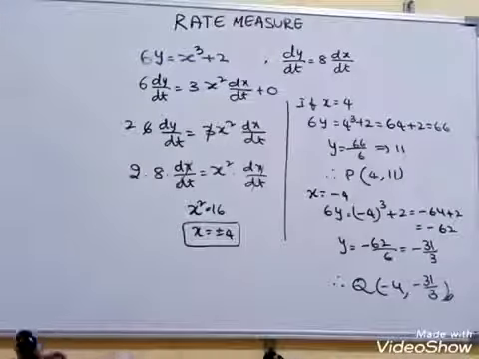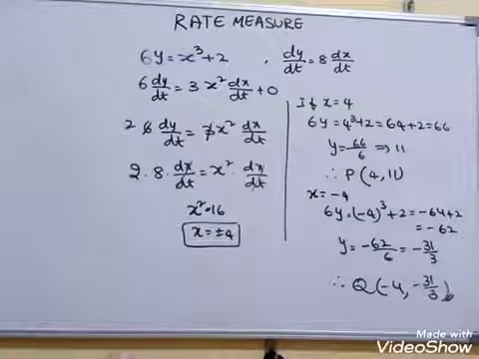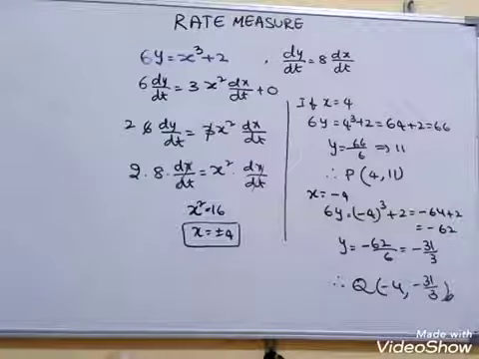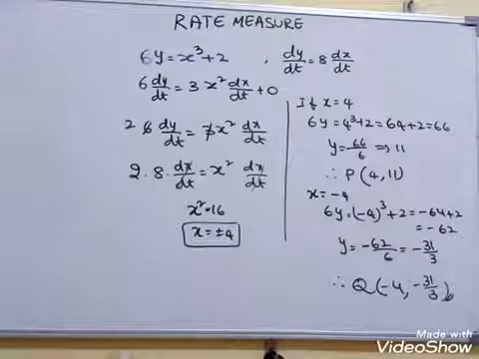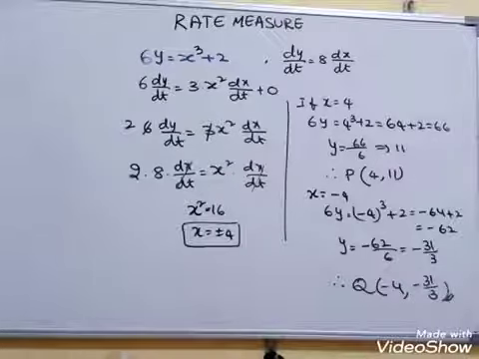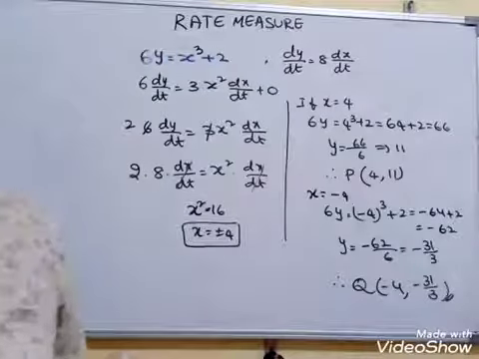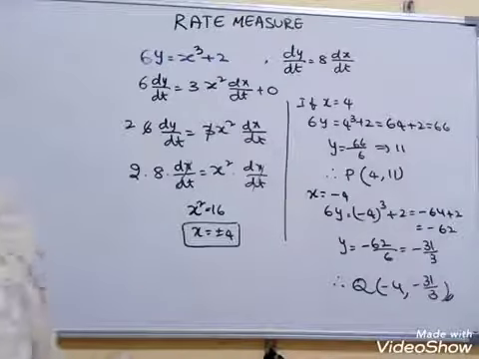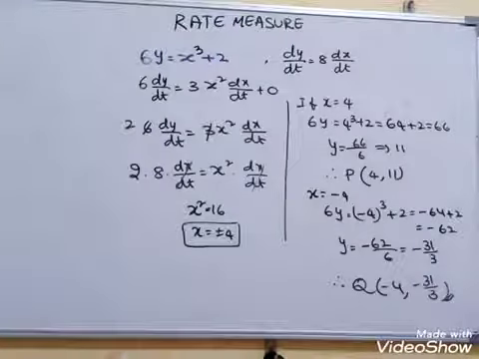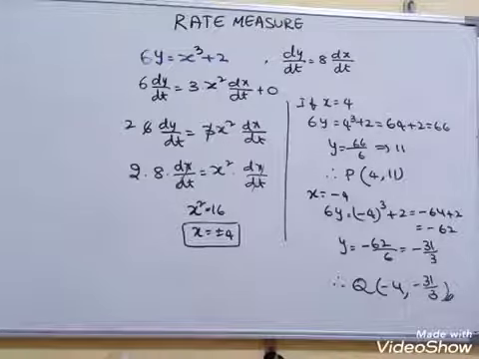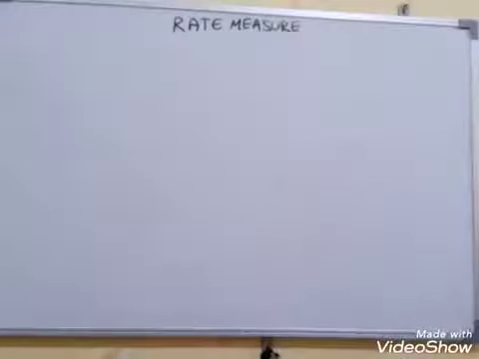This dx by dt gets cancelled, and x square is equal to 16. Therefore x is equal to plus or minus 4, so you get 2 points. If x is equal to 4, substituting in the curve, y is equal to 11, so the point is 4 comma 11. If x is equal to minus 4, y is equal to minus 31 by 3, so the other point is minus 4 comma minus 31 by 3. These are the 2 required points.